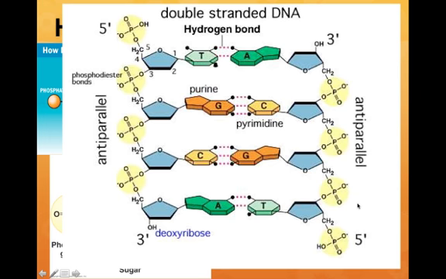So anti-parallel, 3', 5'. You're going to see later, when we talk about DNA replication, transcription, and translation, why this matters for the cell, and how the cell interacts with the polarity of the strands. Some of the enzymes can only move in certain directions, so knowing this polarity is very important.